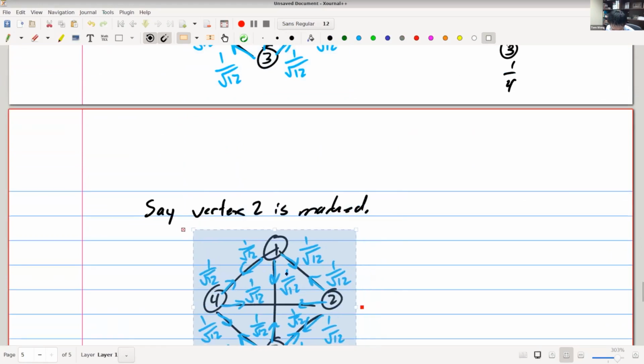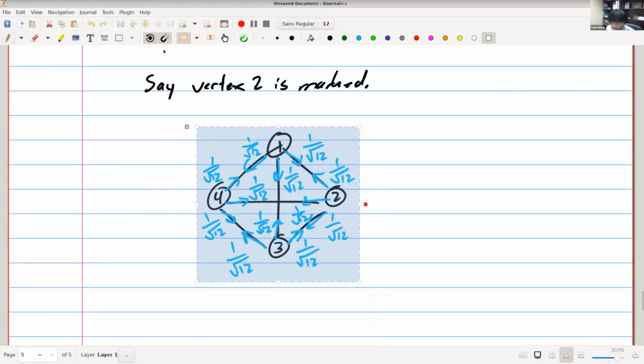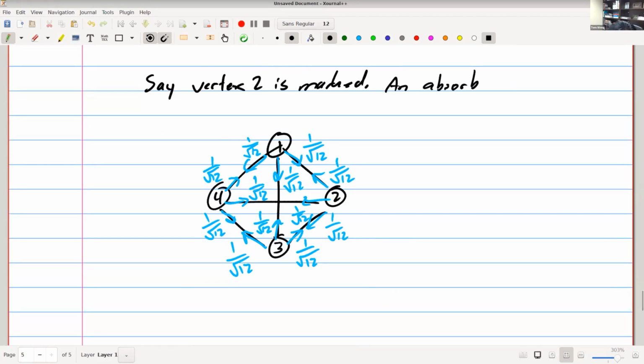And then write down a sentence about that. So vertex 2 is marked, and an absorbing vertex isn't reversible or unitary. All quantum gates have to be unitary.